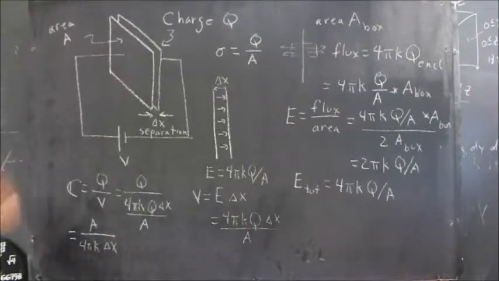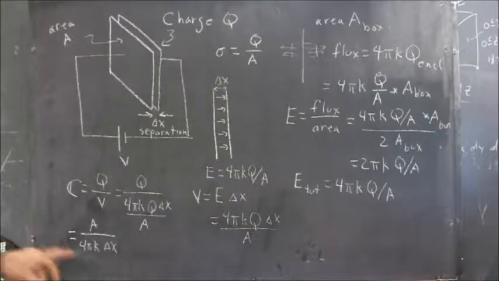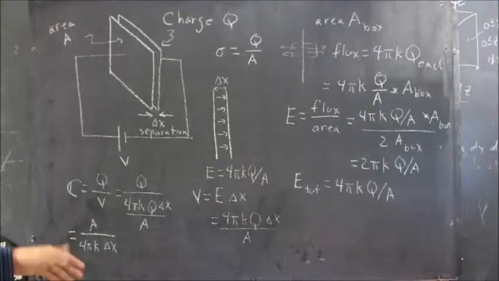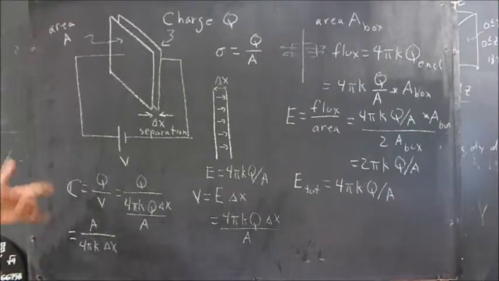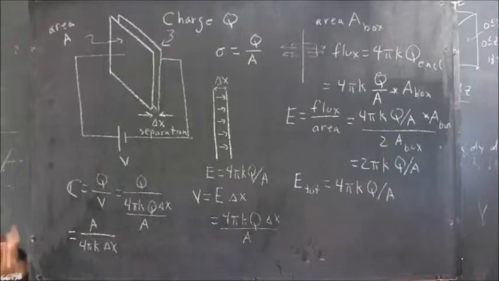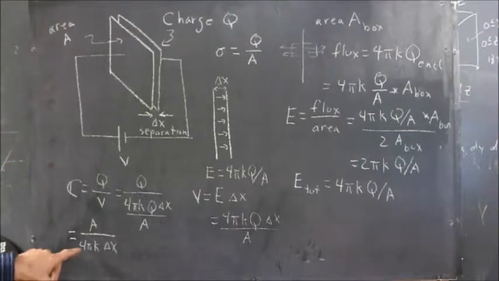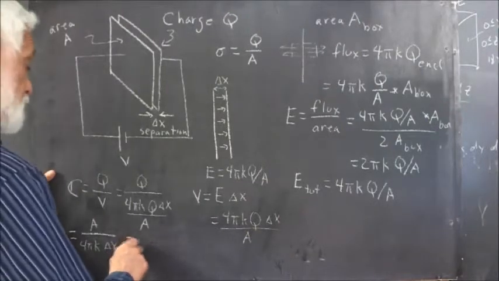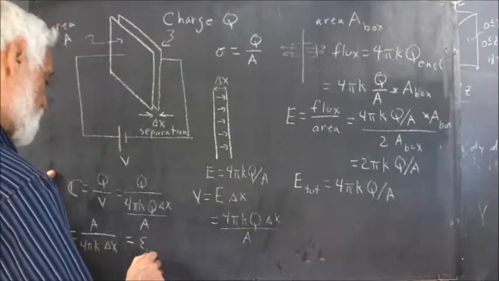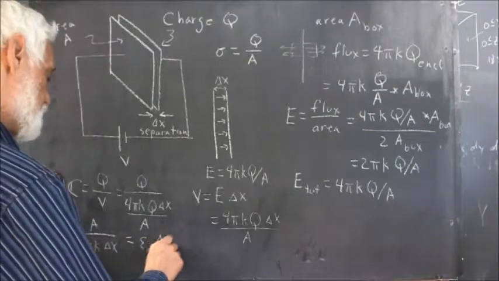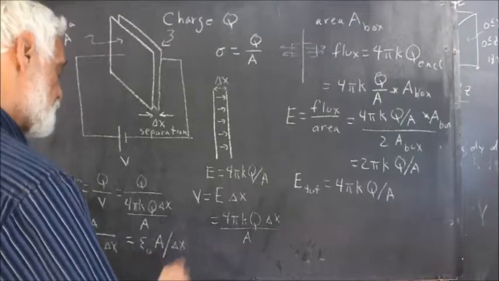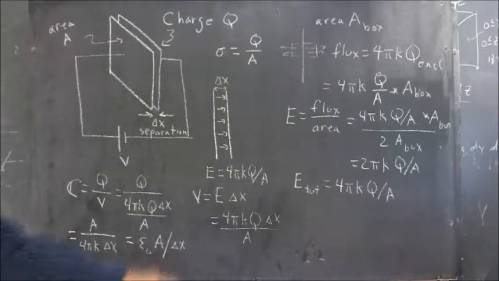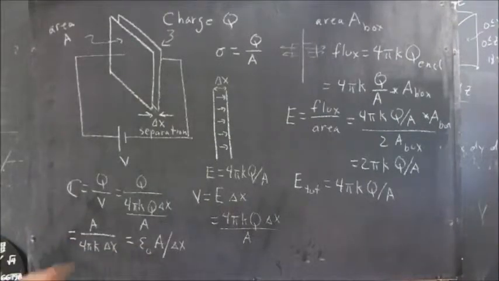delta X. Now, I had a note, and I didn't actually point it out in a previous screen, that epsilon naught is 1 over 4 pi K, or K is 1 over 4 pi epsilon naught, but the 1 over 4 pi K gives an epsilon naught, so this is actually epsilon naught A over delta X, a fairly simple expression for the capacitance.